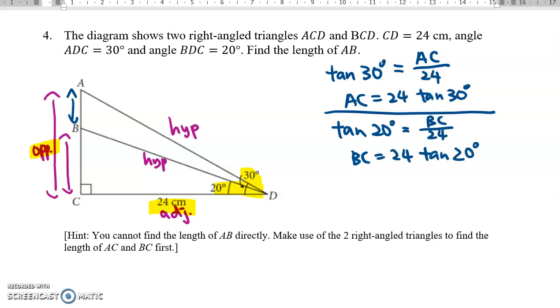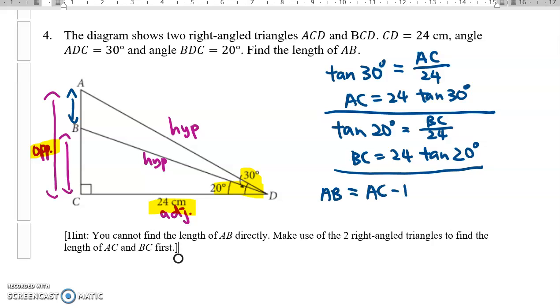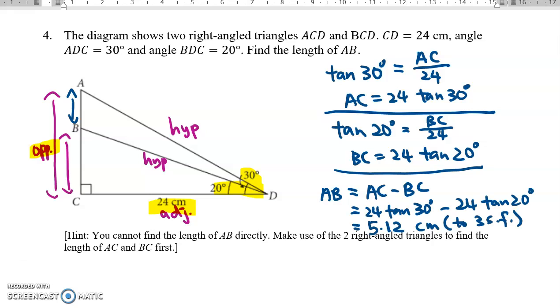BC is 24 tangent 20. After I have these two lengths, I can now subtract BC from AC to find AB. So AB is AC minus BC, and I get 5.12 cm. So this is my answer for question number 4.